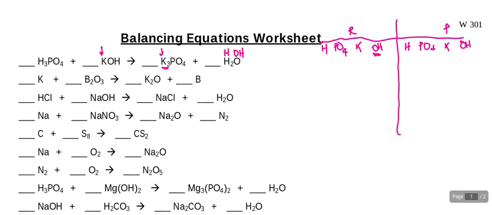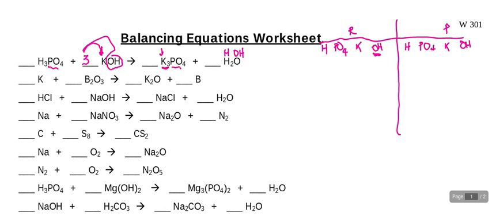So to make sure I have 3 on the reactant side as well, I need to put a coefficient here, because what this coefficient does is it multiplies everything behind it by 3. So it's going to give me 3 potassiums and 3 OHs as well. Now, what else do I need to make sure is balanced? Right now, the PO4s look okay. There's one PO4 here.